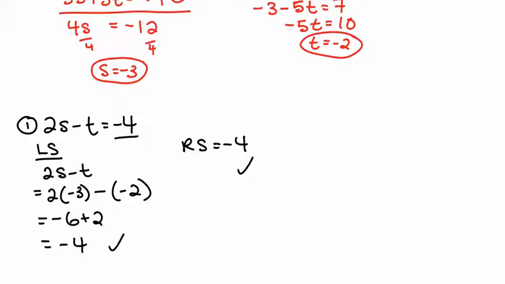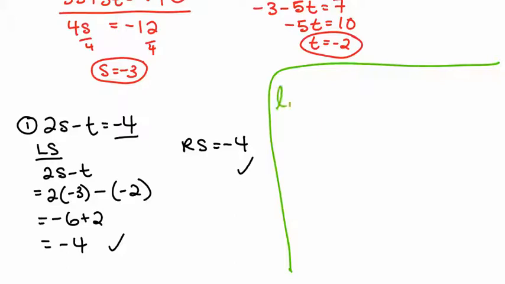So now I just want to find out what my point of intersection is. To do that, I'll pick an equation, like line 1 or 2. It doesn't really matter. Say I pick line 1.